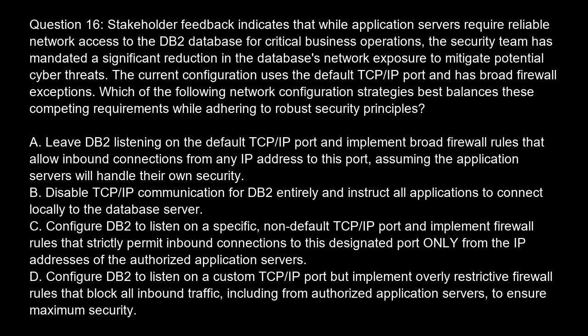Option C. Configure DB2 to listen on a specific, non-default TCP/IP port and implement firewall rules that strictly permit inbound connections to this designated port only from the IP addresses of the authorized application servers. Option D. Configure DB2 to listen on a custom TCP/IP port, but implement overly restrictive firewall rules that block all inbound traffic, including from authorized application servers, to ensure maximum security.